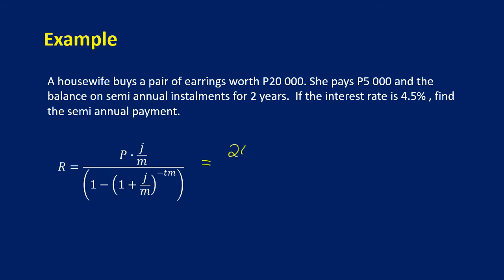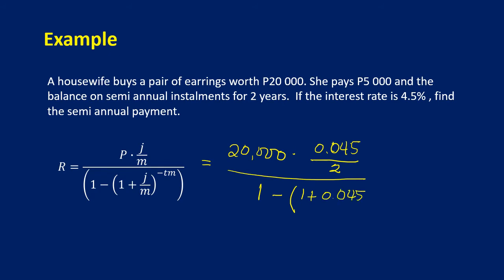My present value is 20,000 and then 0.045 over m, which is 2 because that's semi-annual, all over 1 minus 1 plus 0.045 all over 2 raised to negative 2 times, how many years is this? 2 years.